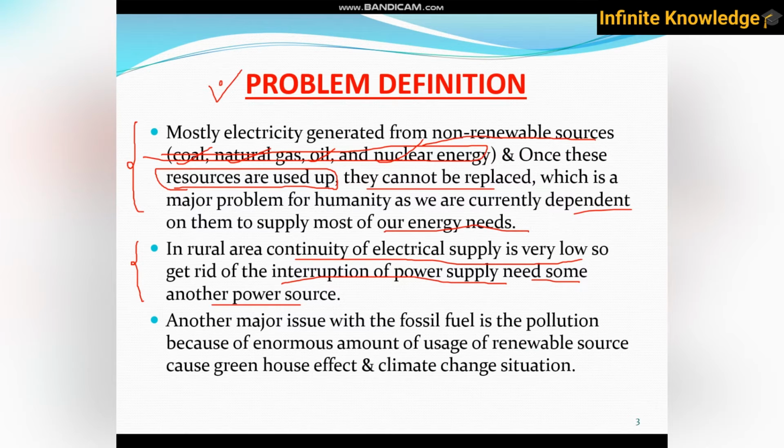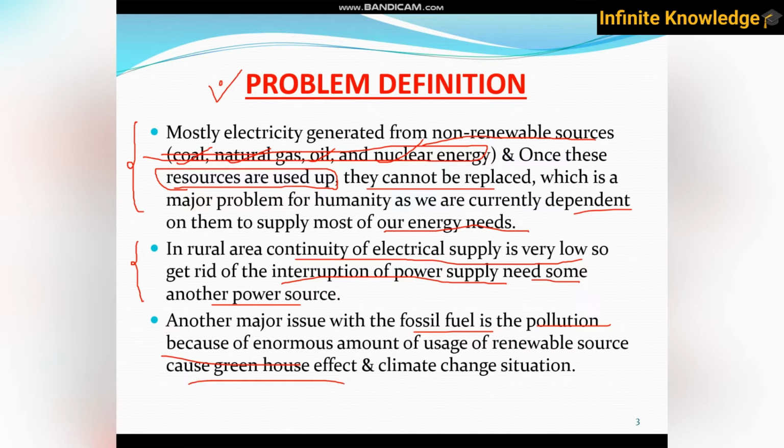And what is the third one? Another major issue with fossil fuel is pollution. Pollution is a very basic problem, because if you use these types of sources, they emit gases like CO2, and it will definitely affect your environment.